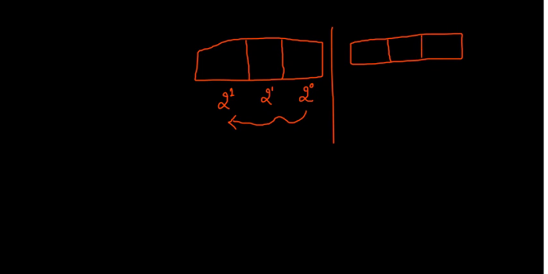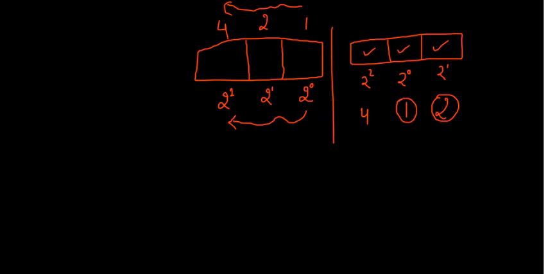Like for example, we can have 2 to the power 0 here, 2 to the power 1 here and 2 to the power 2 here. Means 4, 1, 2. And in this case we have 1, 2 and 4. So this is a regular order that is known as weighted binary. It is also weighted or numbered in magnitude. Like we have number 2, number 1 and number 4. But this is not ordered.